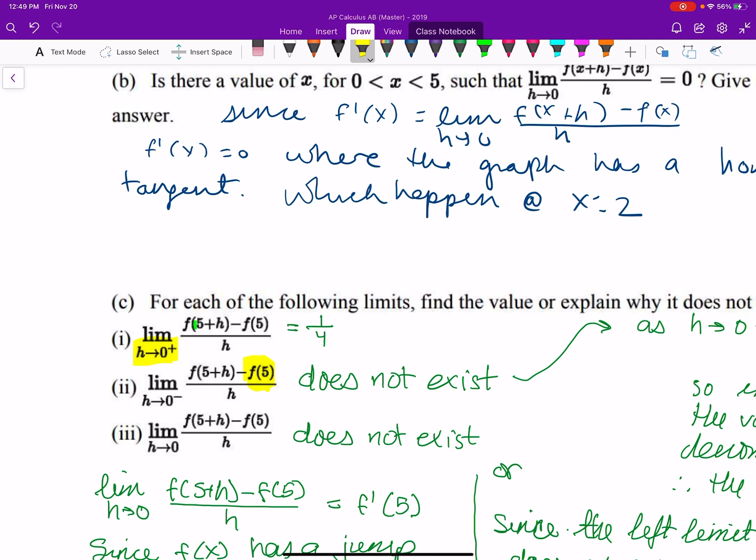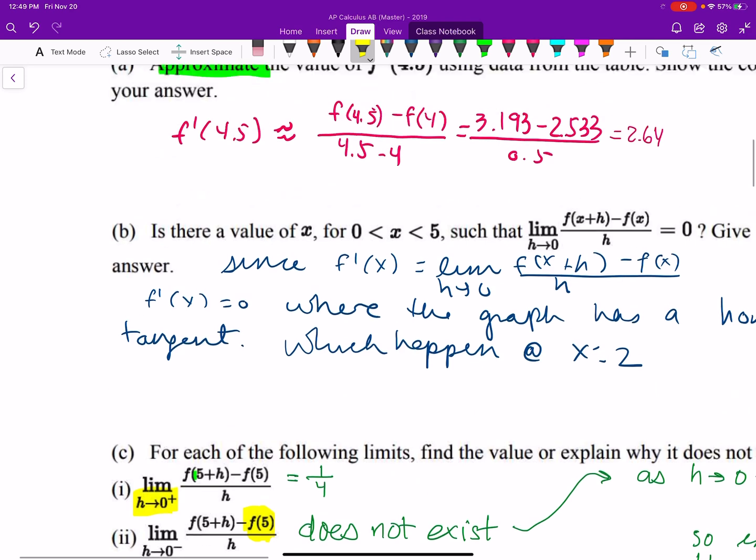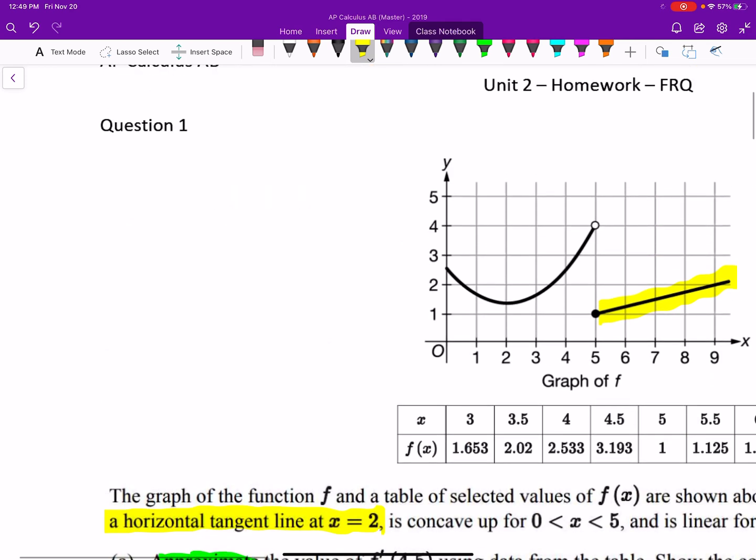And f of 5 plus h, where h approaches 0 from the left, is these values here, which approach 4. So 4 minus f of 5, which is 1, means the numerator approaches 3.